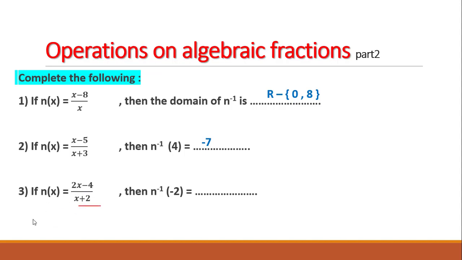It means that the domain is R minus {2, -2}. So negative 2 doesn't belong to the domain, so we can't get n power negative 1 of negative 2. So this is undefined or meaningless because negative 2 doesn't belong to the domain of n power negative 1.